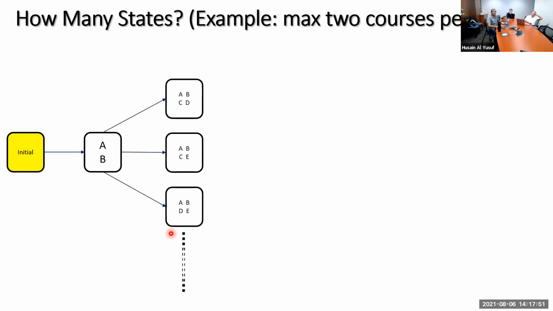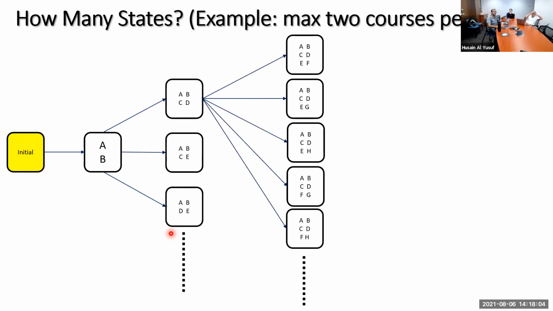If we expand the possible states and possible actions for each state, the Markov decision process modeling the curriculum will expand exponentially. Imagine how many states we have, and this is only 2 courses per semester. If we have multiple options, it will be a huge number of states until we graduate.